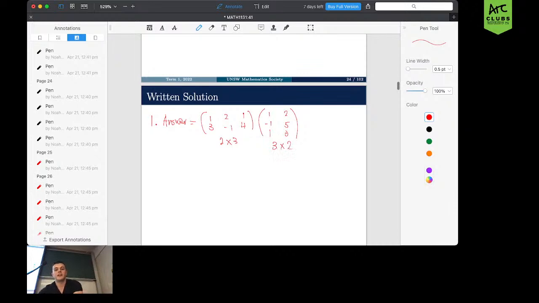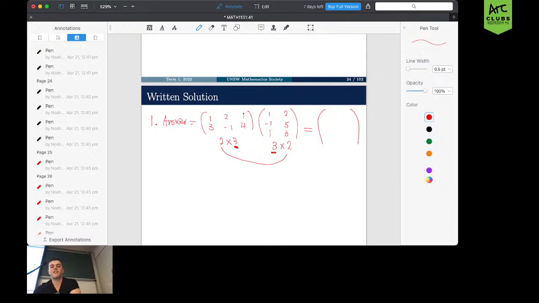So if the columns in matrix 1 match the rows in matrix 2, you're good to go. You're allowed to multiply them. And then the outside part gives you the dimension of your new matrix. So we know we're going to get some sort of 2x2 matrix where we're going to plop some numbers in here somewhere.